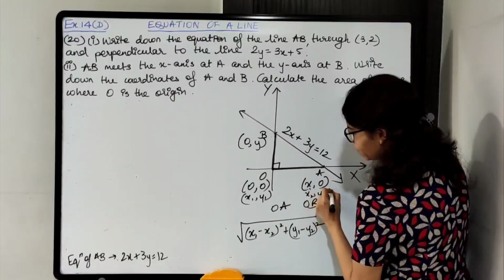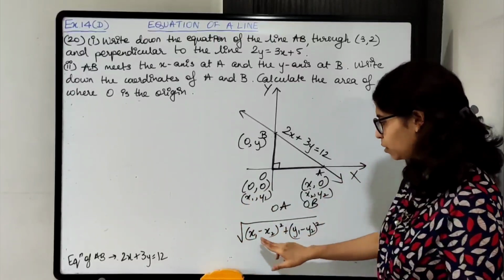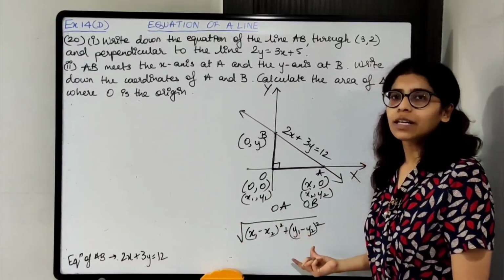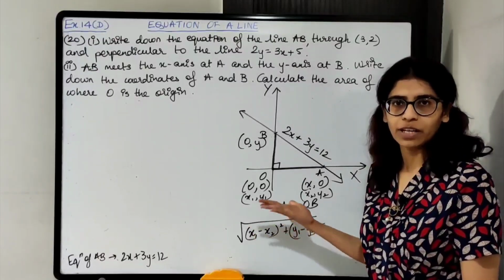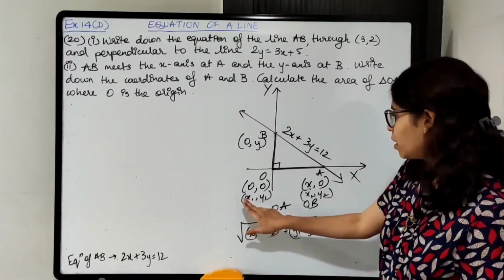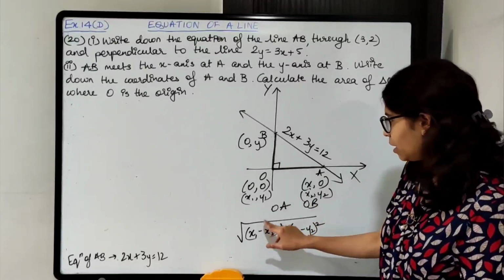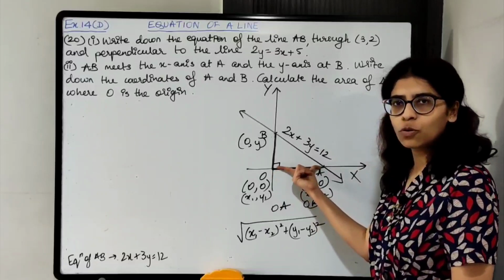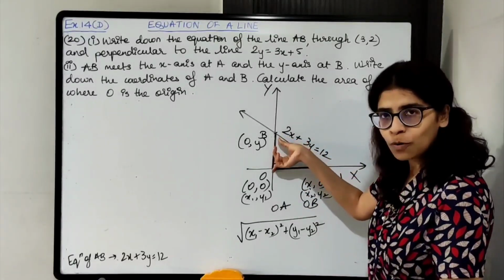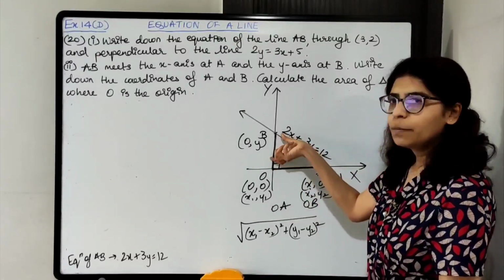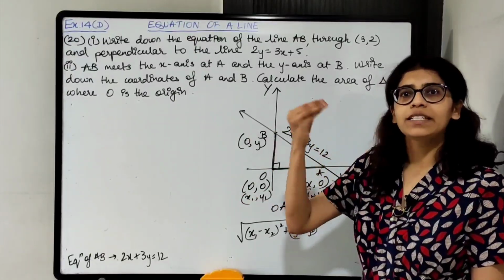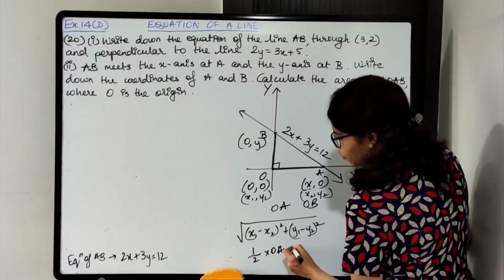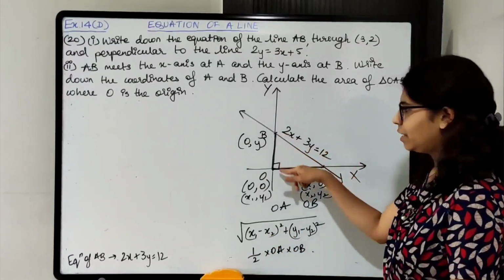Again this does not matter, किसी को भी x1 y1 x2 y2 ले लो because यहाँ पे even if you interchange your answer is going to come correct because square है, ultimately square हो रहा है. Okay, so x1 minus x2 का square plus y1 minus y2 का square, this will give you the length of OA. Same way we'll find length of OB. Once you get OA and OB, area is easy, half into base into height, that is half into OA into OB. मुझे area मिल जाएगा.